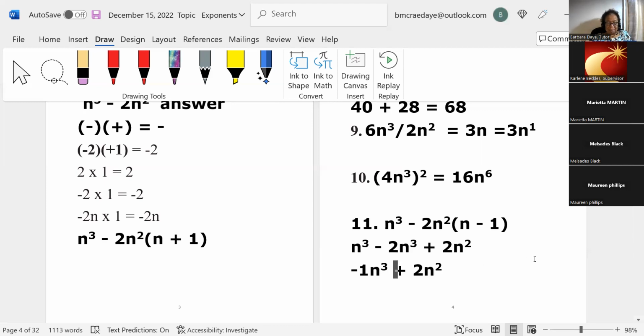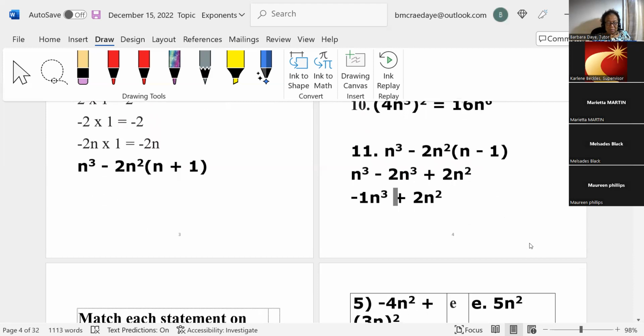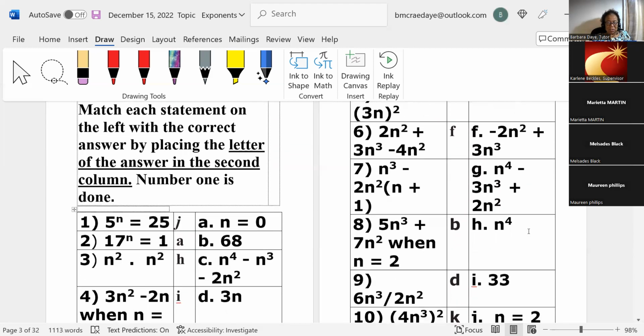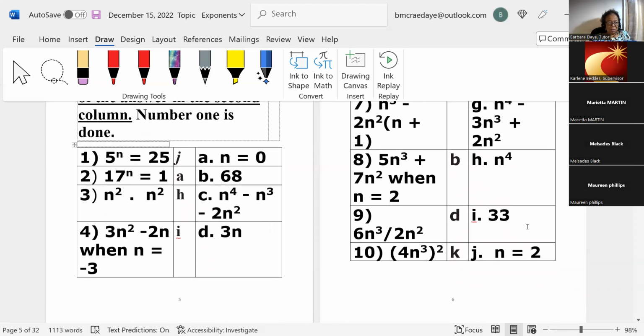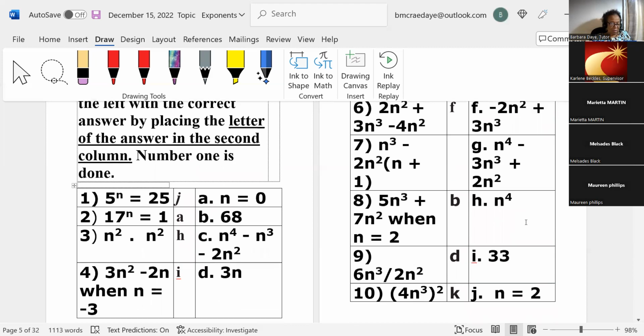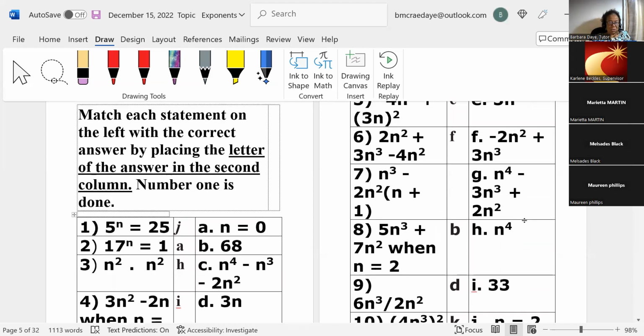And what does that match? Minus n to the third. Number 11 matches which one?